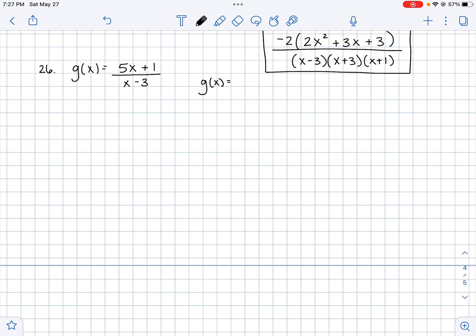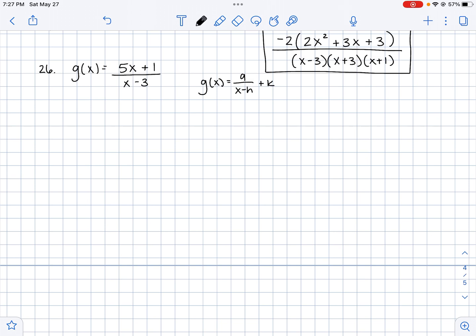And it wants it as g of x is equal to a over x minus h plus k. So just to remind, and then you want to graph the function. You can graph the function just on your calculator, plug it in as it is, and you should be good. I am going to not graph it because I'm confident that you can use your calculator to do that, but I am going to show you how to rewrite it.